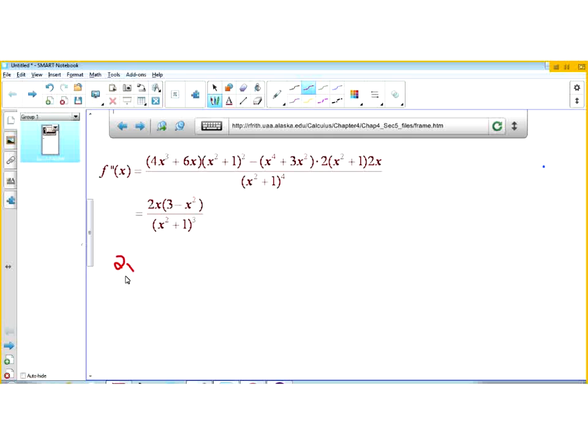So we'll have 2x. We'll have x squared plus 1 cubed, which is always positive, so no need to include it. It has no bearing on the table of signs. Then 3 minus x squared, so that would be the square root of 3 plus x times the square root of 3 minus x.